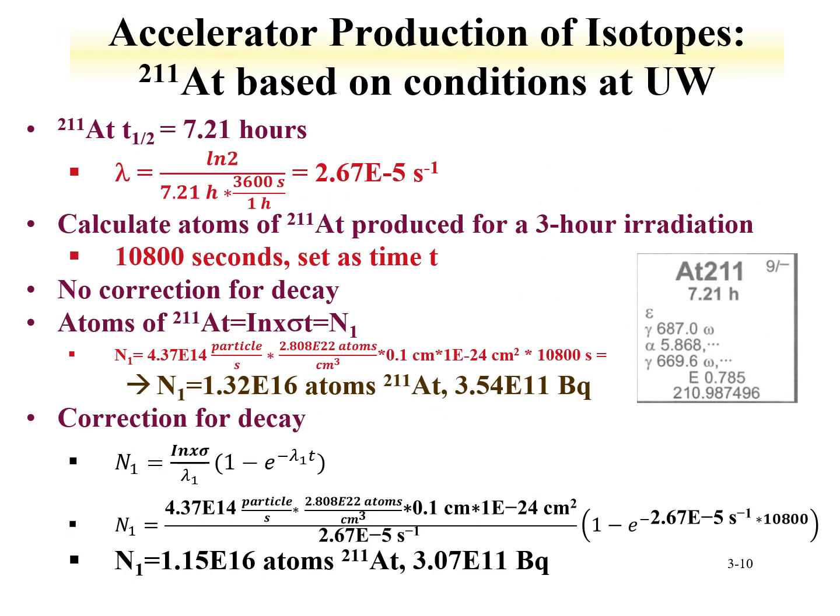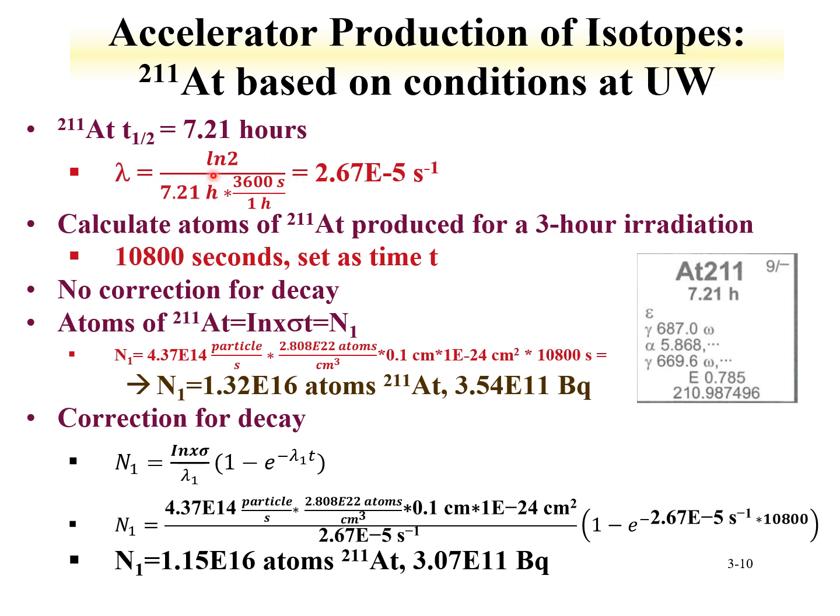Continuing with the example of the production of astatine-211 based upon the conditions used at the University of Washington, the decay constant for the astatine-211 isotope needs to be determined. The data from the chart of the nuclides show that the half-life is 7.21 hours for astatine-211. Converting that into the decay constant is simply log 2 divided by the half-life.